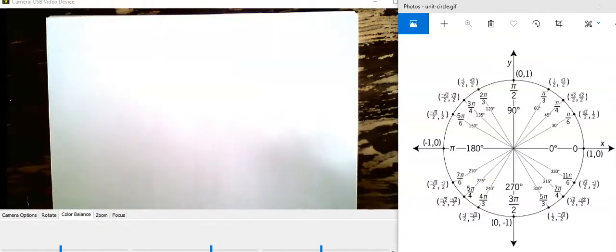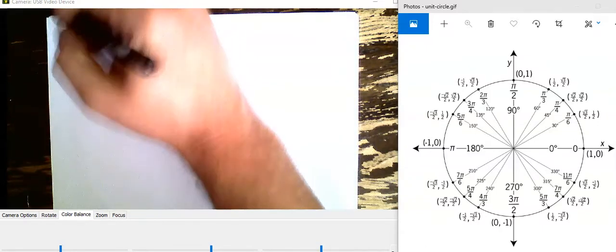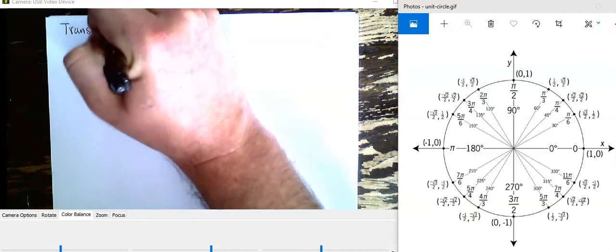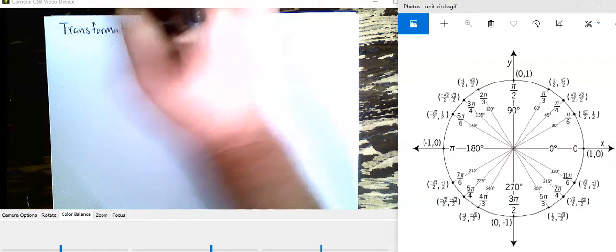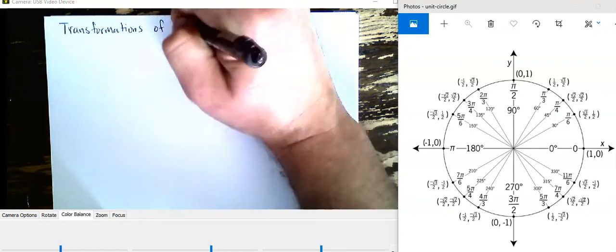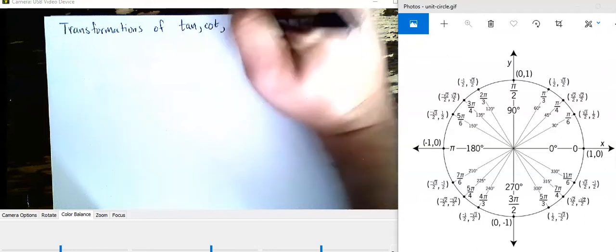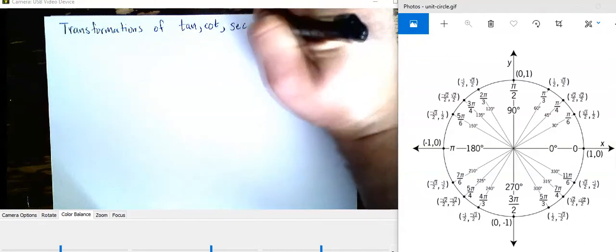Now let's look at using a few transformations to graph some variations. So transformations of tangent, cotan, secant, and cosecant.